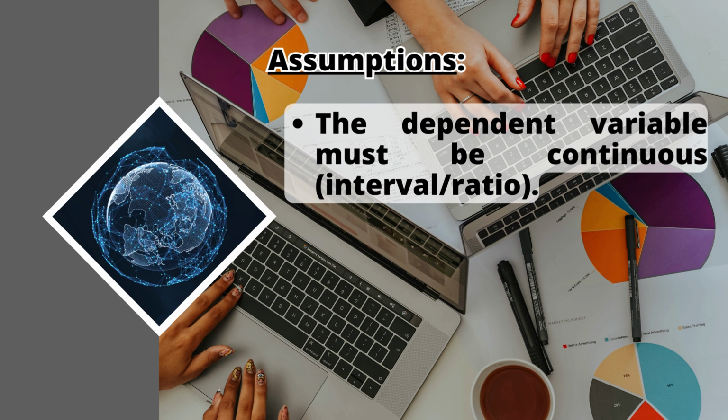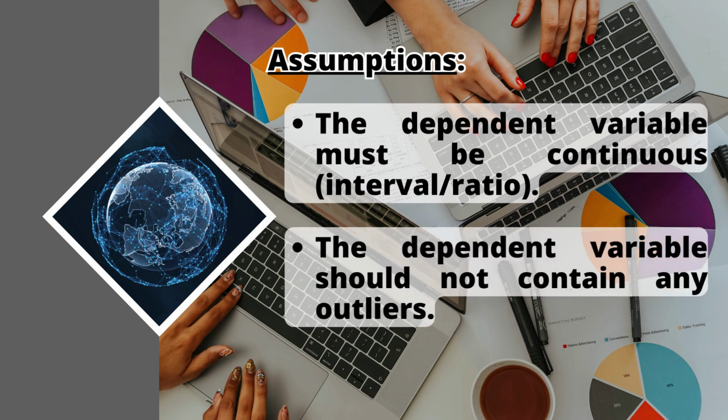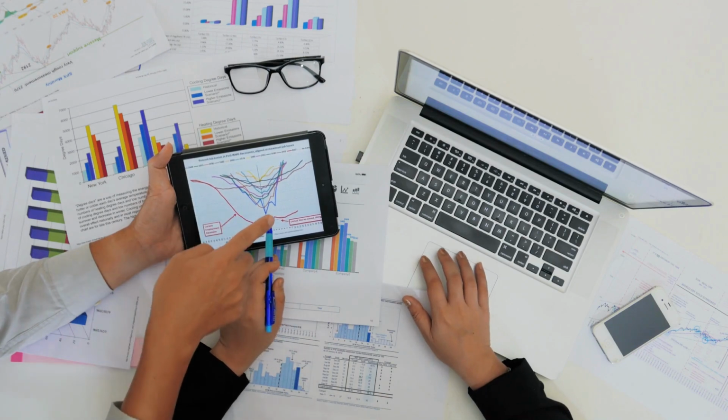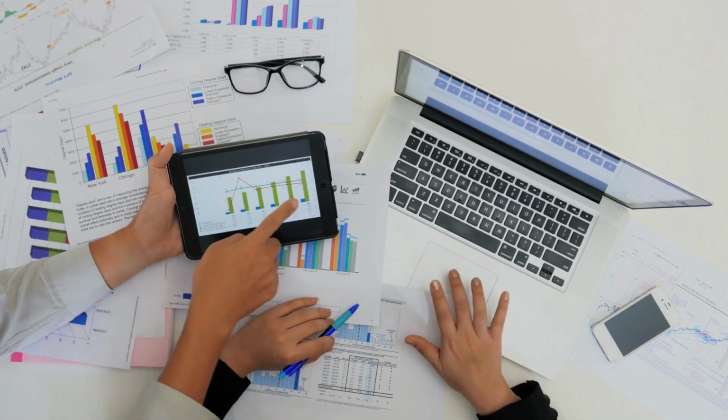Another very important assumption is associated with outliers. Outliers are basically extreme scores. As we all know, any type of parametric statistics is going to be affected by extreme scores, because we try to reduce or minimize the value of the variance or standard deviation, so that our data can qualify the normality of distribution.